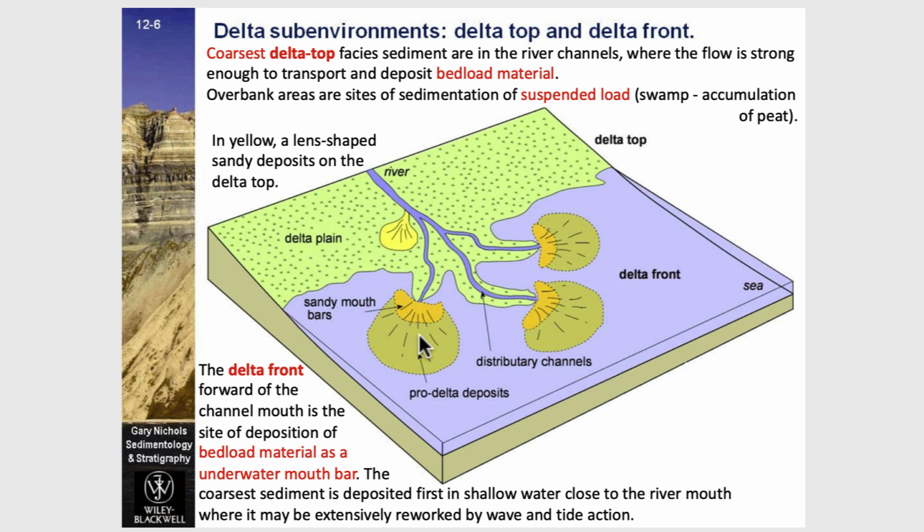Many times these will be much finer grained, so they will tend to be more sandy or silty materials, and then we can accumulate even finer fractions more distally from these centers of deposition, which will be dominated by suspended loads.